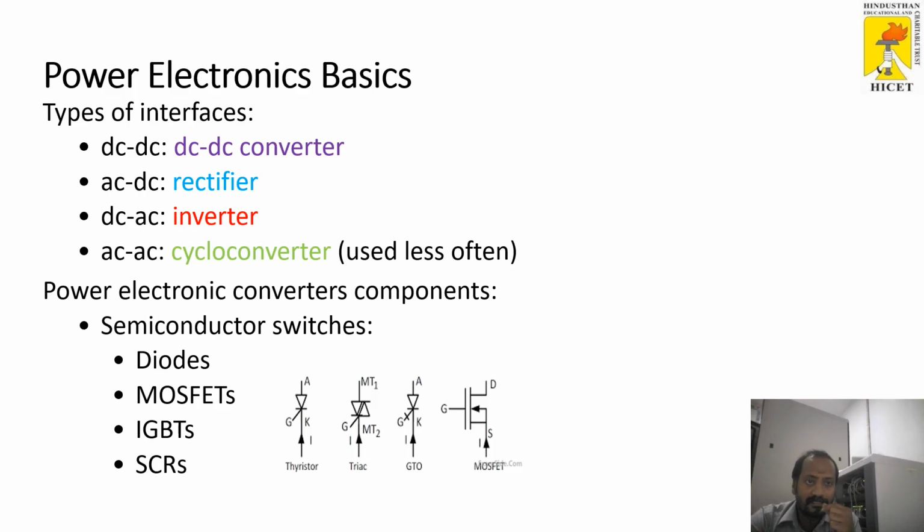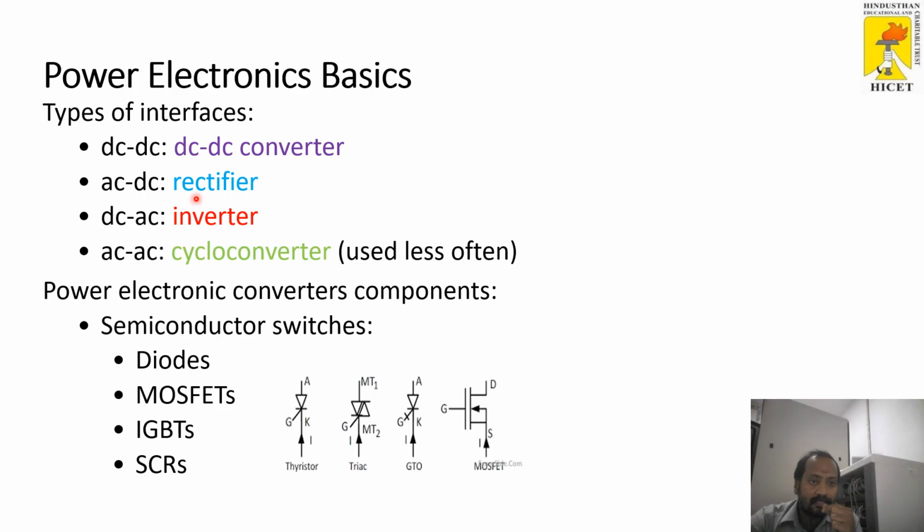On this basis, we have types of interfaces such as a DC to DC converter, which converts DC to DC, and the second one is a rectifier, which is AC to DC conversion. The third one is the inverter, the conversion of DC to AC, and the fourth one is the cycloconverter, which converts AC to AC.